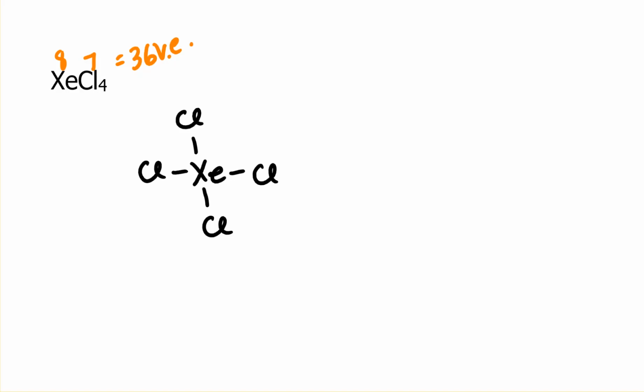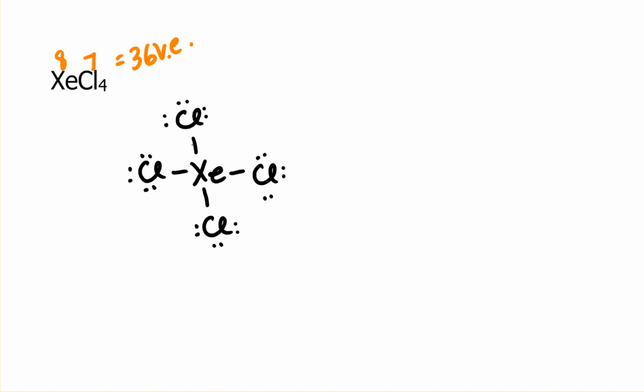The rule is I start by putting them on the outside atoms first and make sure those have their octet. Then those all have an octet, so let's count and see. Looks like I only have 32 on there already, so I've got 4 more.